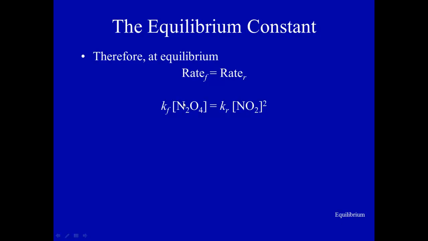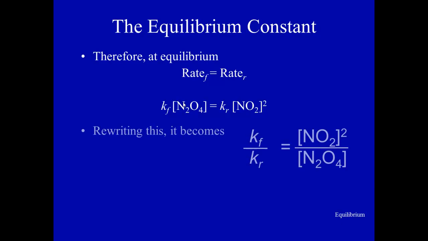And we had to do this when we had a fast initial step and a slow second step when we were at Unit 4, and we had to solve for the intermediate. So this is that same exact idea. Here, all we've done is simplify the terms, put the KF over the KR.